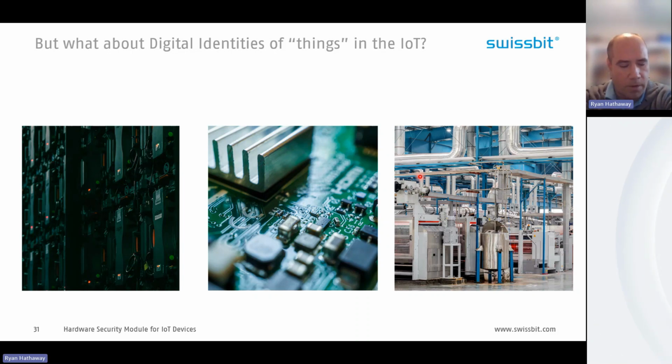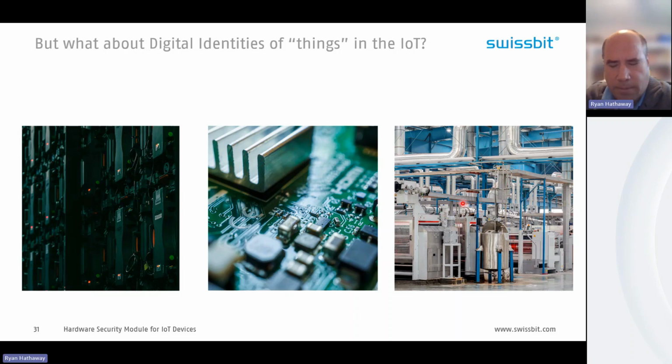It's important to note that when we talk about identity in the security world, it's not just the identity of a person. A lot of times our machines have identities. I'm not trying to get into an iRobot debate, but in the real world, our devices have digital identities.